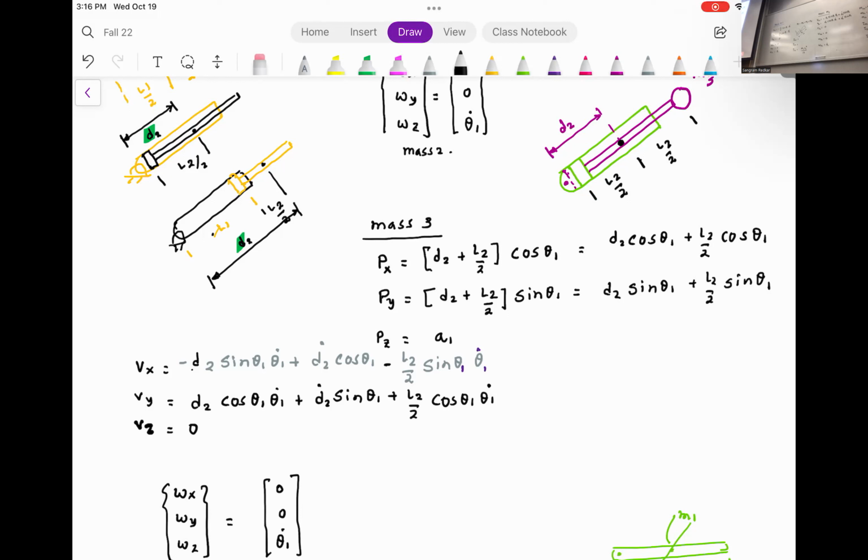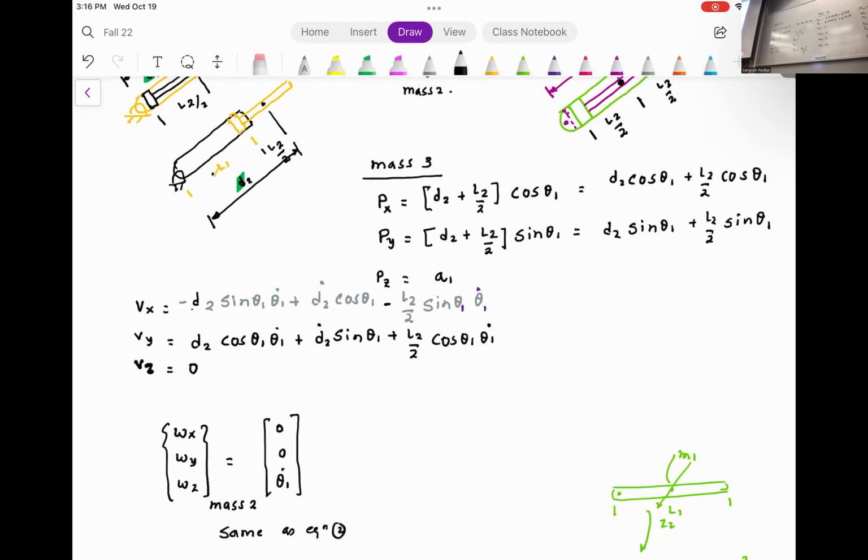Cosine theta 1 dot, vz3 is equal to 0. Same thing, omega x3 is equal to 0, omega y3 is equal to 0, omega z3 is equal to theta 1 dot.